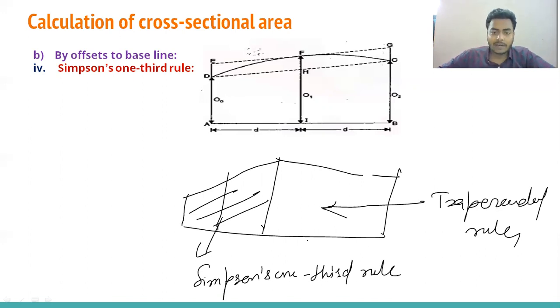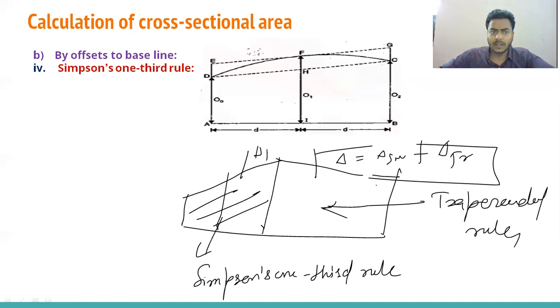Then we add them and get the total area: delta 1 by Simpson plus delta n by trapezoidal. So one division we keep left, apply the Simpson 1/3 rule for the remaining ordinates, then calculate the area for the remaining division by the trapezoidal rule, and add to get the total area.